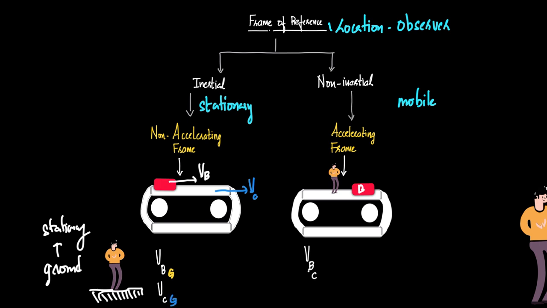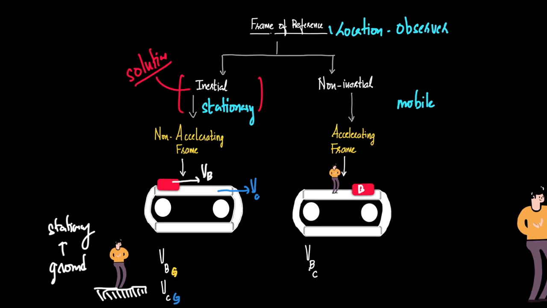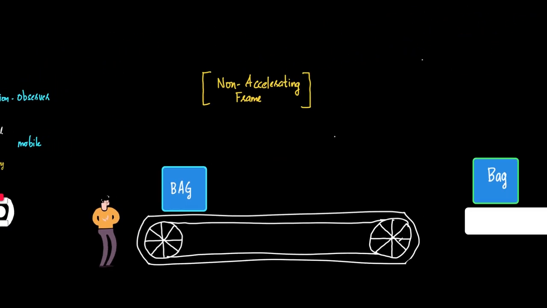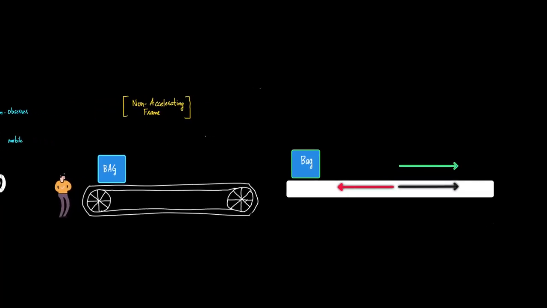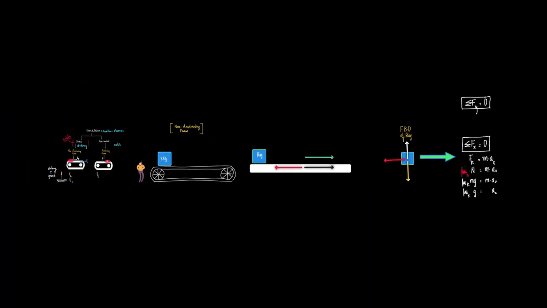All right, I hope these things are clear. Now we will use only the first method in this session to solve this question. So, solution using which frame? Inertial frame.